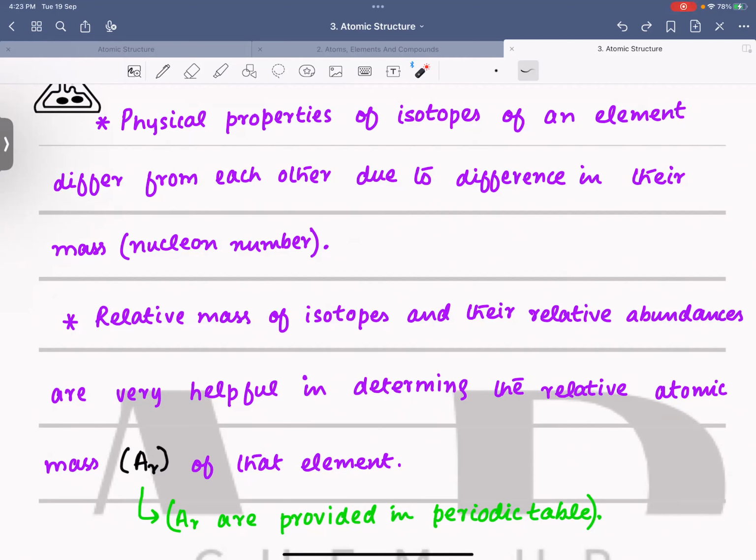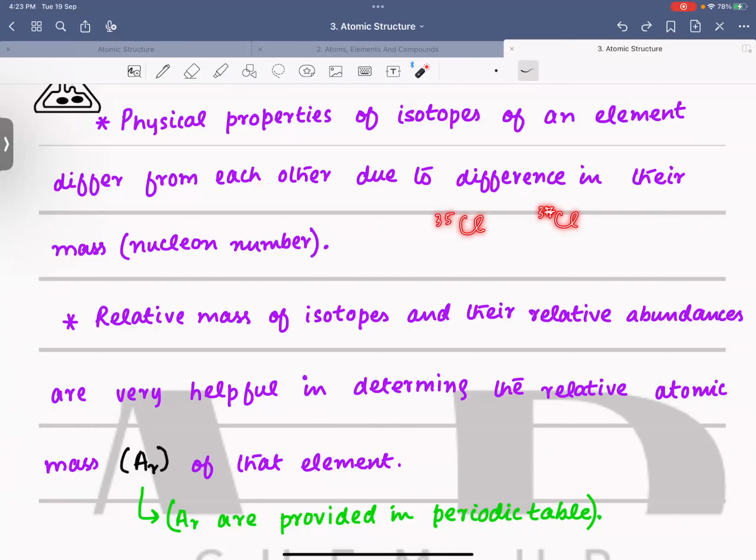Okay, I'm telling you. See, we know there are two isotopes of chlorine. One has a nucleon number or isotopic mass of 35, and the other isotope is chlorine 37. Whenever we look into a sample of chlorine, it doesn't mean that if there are two isotopes, they are going to exist in equal percentages.